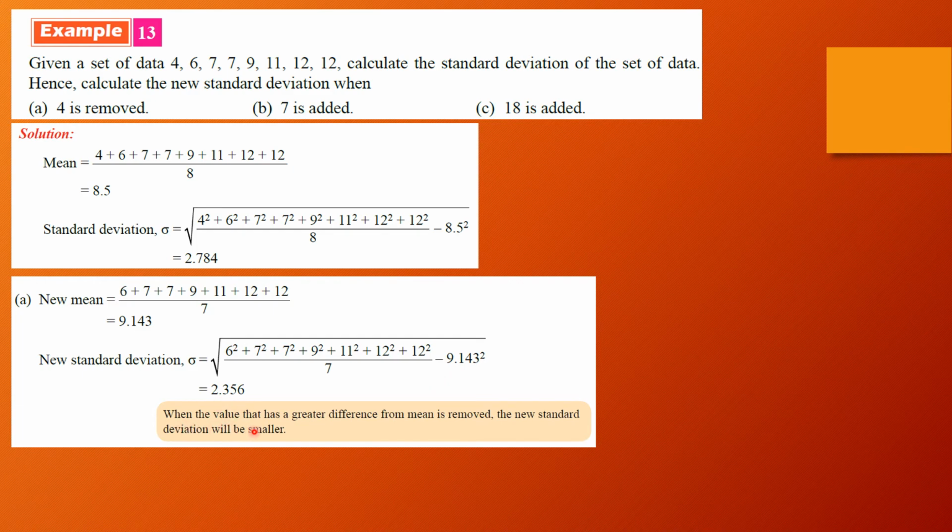So when the value that has a greater difference from the mean is removed, the new standard deviation will be smaller. That means just now you removed 4, and the difference between 4 and your mean 9.143 is quite big. So the new standard deviation becomes smaller. If the difference is greater, the new standard deviation becomes smaller.